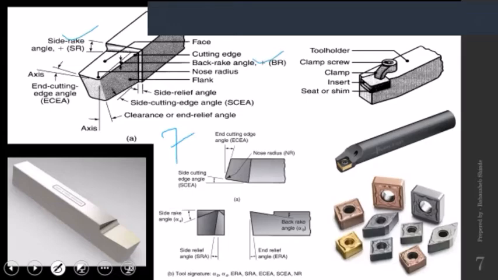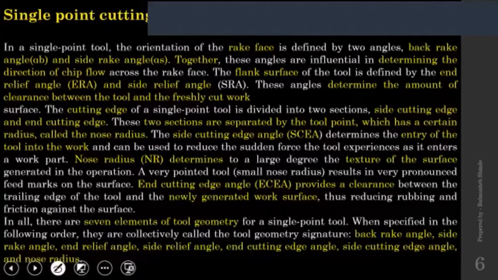Two related to the flank, side relief angle and end relief angle, and two related to the cutting edge, side cutting edge angle and end cutting edge angle. And the point where those two cutting edges meet has a certain radius, and that is the nose radius. So those 7 parameters we need to know when we want to specify the cutting tool geometry.